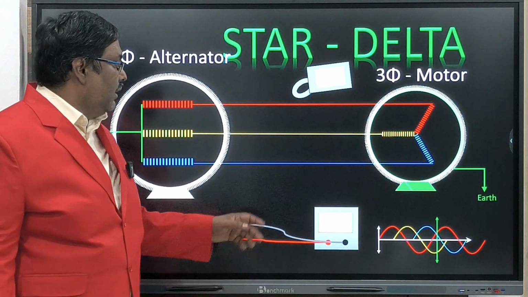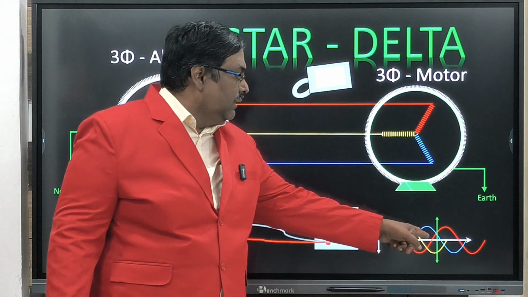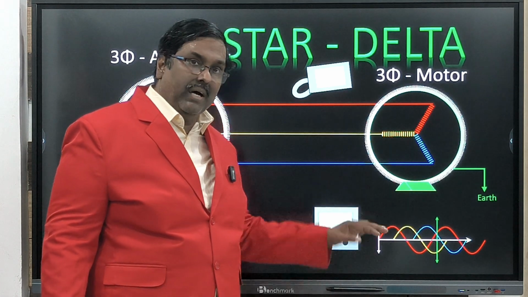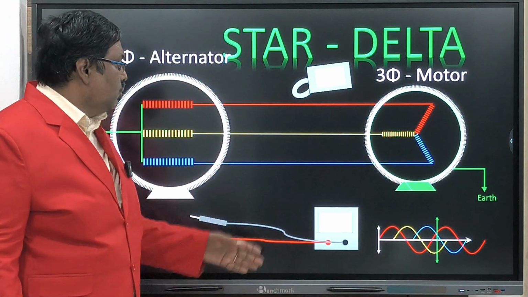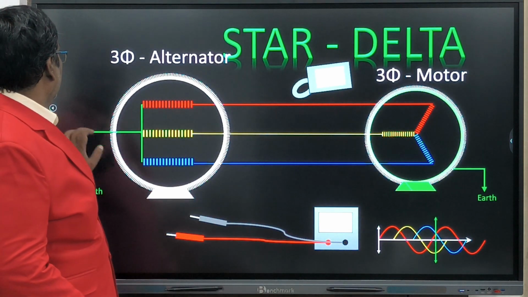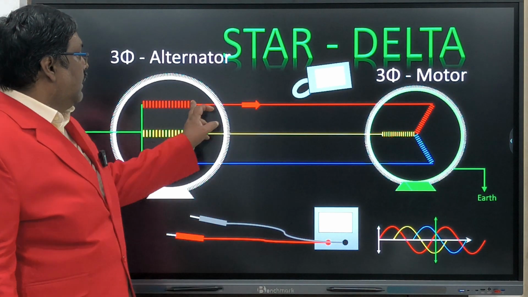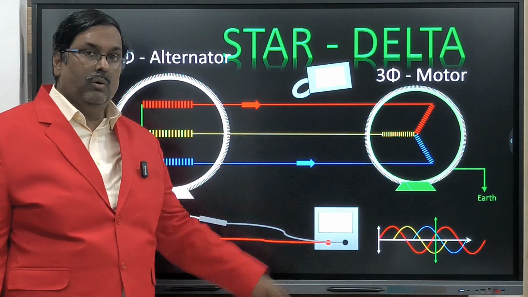Okay. So now what I will do, I am taking this instant in which red and blue we are giving a positive volt and yellow is a negative volt. So what will happen? Red I am going to give the voltage, blue I am going to give the voltage.